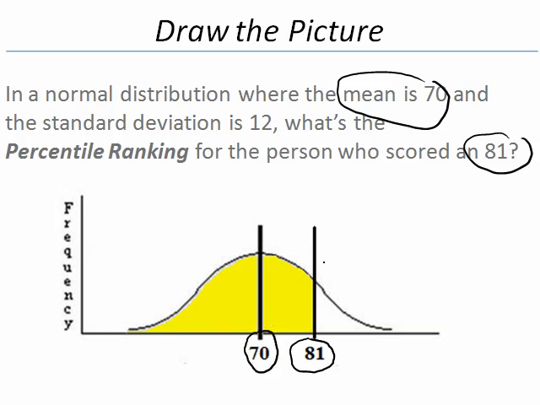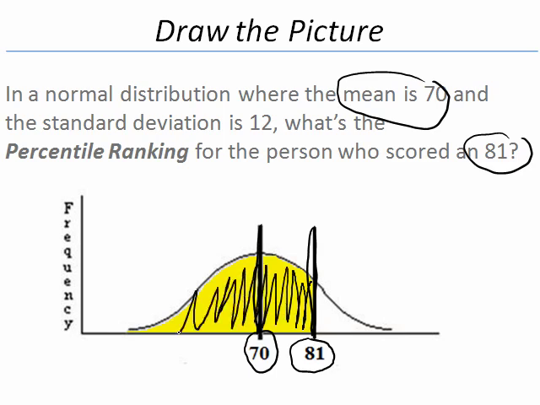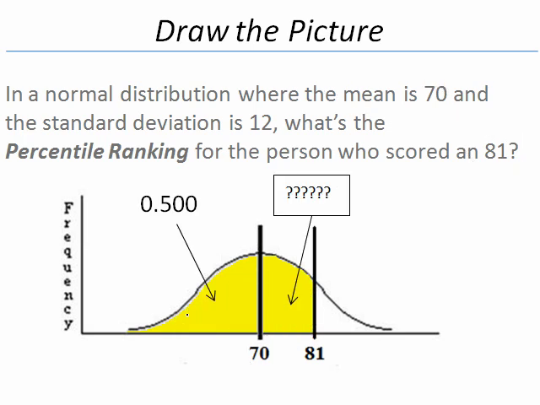And we'll draw a line at both of these. A line for 81, a line for 70. Because this is percentile ranking, the area that we're interested in is everybody who scored below the 81. We're interested in finding out what is the area that's represented by this shaded region.